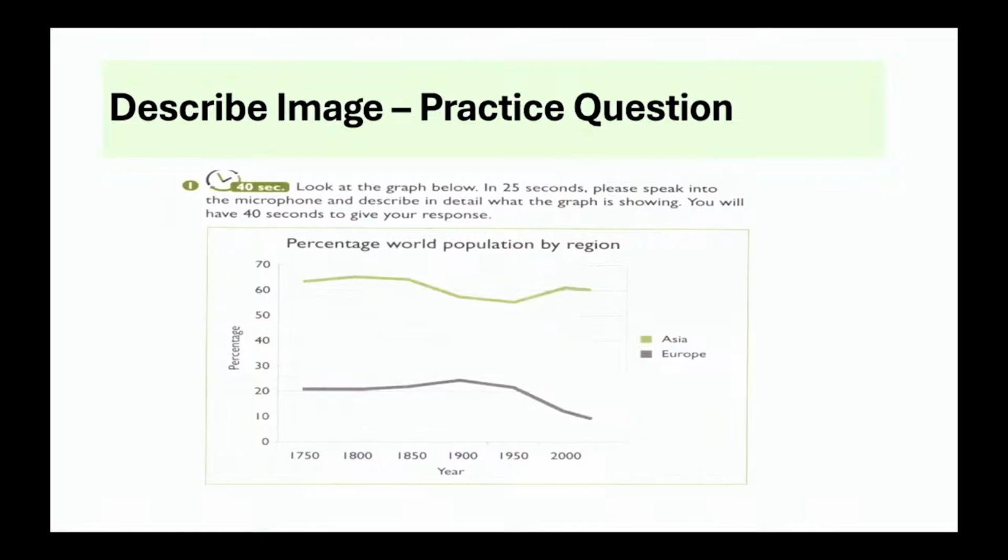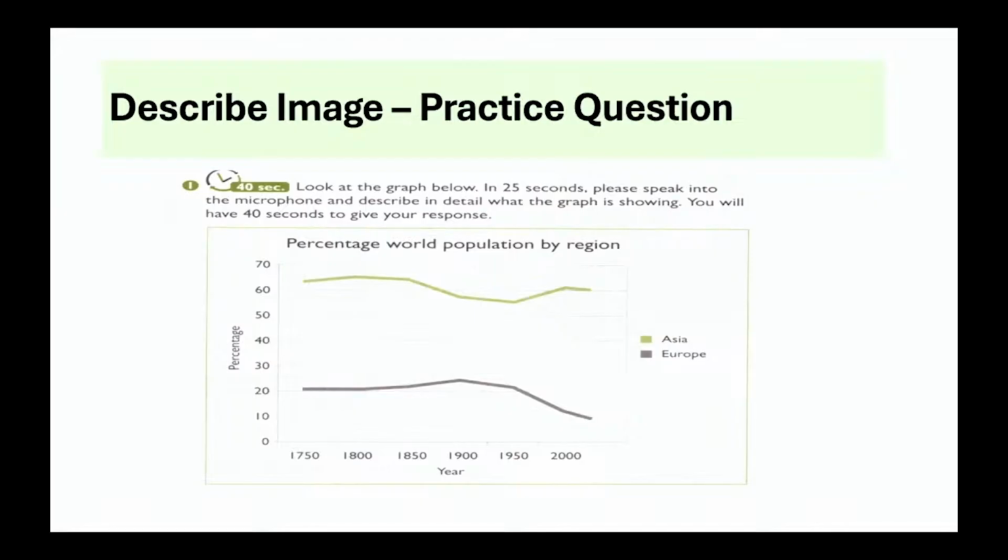Yes, Chloe, you wanted to try? Okay, countries, yes. Now you can see here the names of two regions, Asia and Europe. You can also see a year. You can also see a percentage. So this is going to be a second sentence.